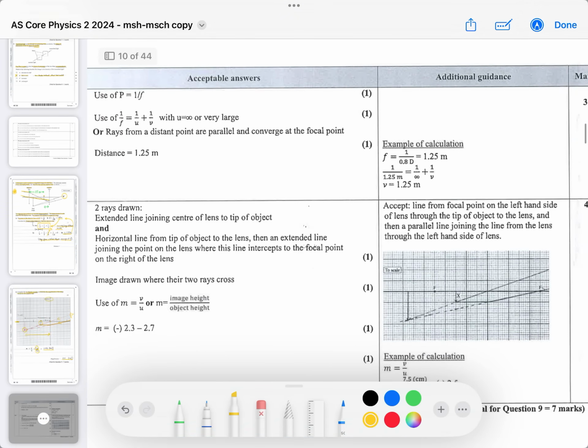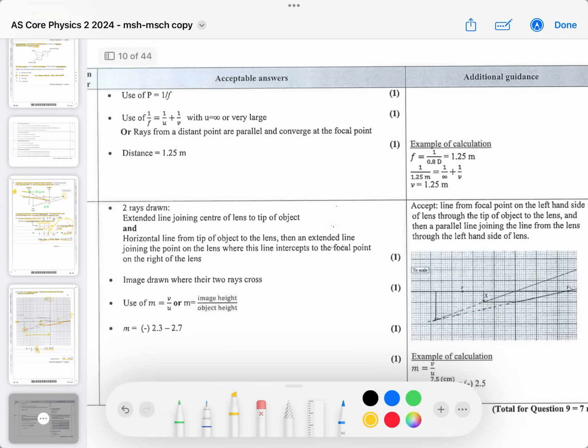There's the mark scheme. So as I said, this is what we just did. 2 rays drawn, an extended line joining the center of the lens to the tip of the object, and then a horizontal line from the tip of the object to the lens, then an extended line joining the point of the lens where this line intercepts the focal point on the right side of the lens.